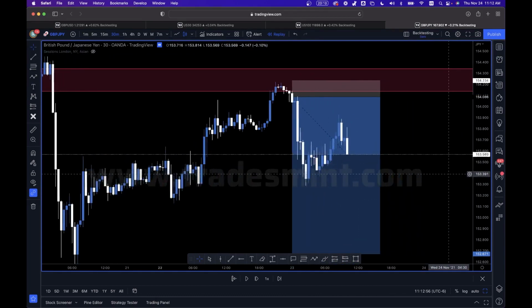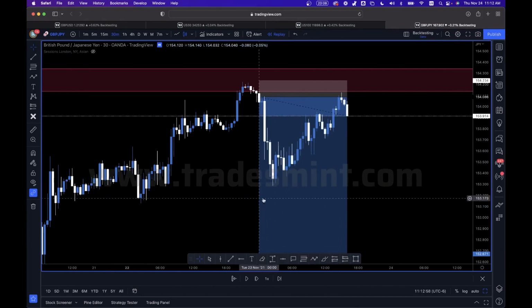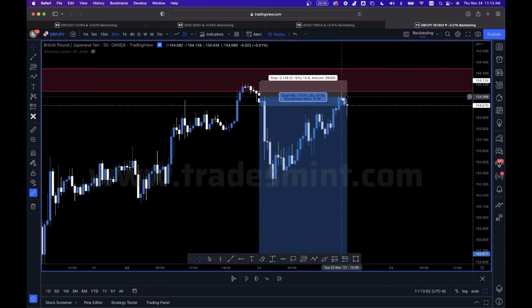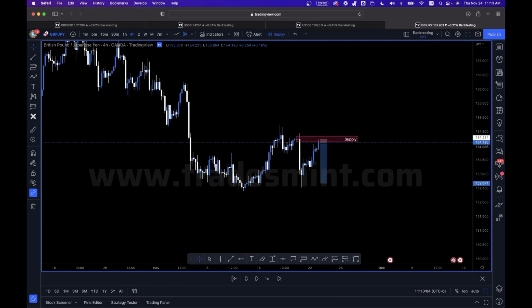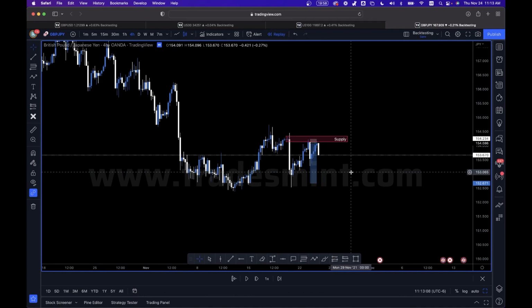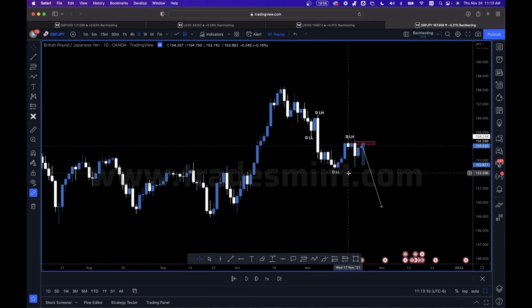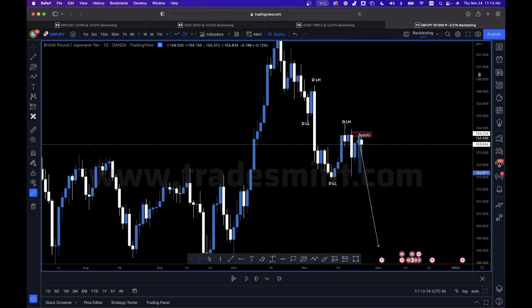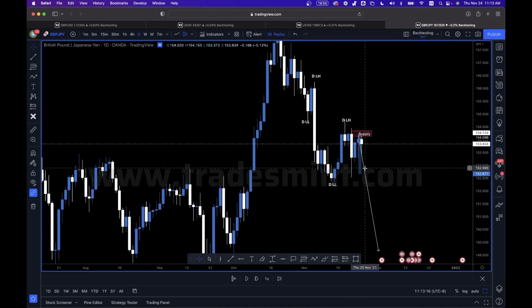So price just goes, it hits this zone, comes back up here. I would be looking at what's happening on the higher time frame to see what's unfolding. So, okay, so still under, still rejecting.